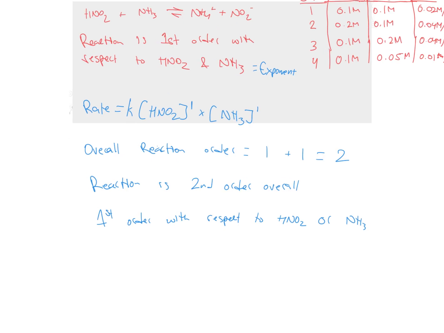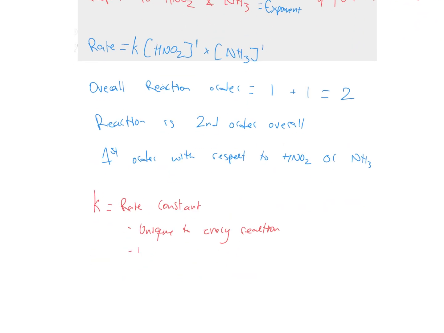Now, one last thing, lowercase k, this is the rate constant. It is unique to every reaction. It's not always the same thing. You always have to determine it experimentally. It's unique to every reaction, and it's temperature dependent.